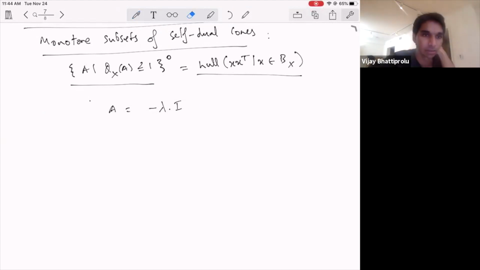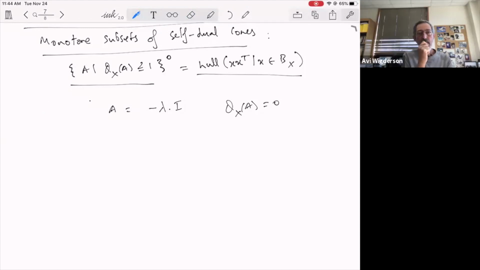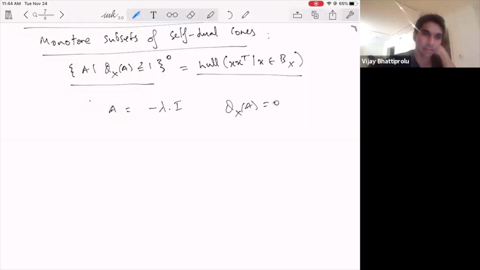For arbitrarily large lambda, the quadratic maximum of A, Qx of A, will be 0 always, because it's the maximum of a quadratic form of a negative definite matrix.